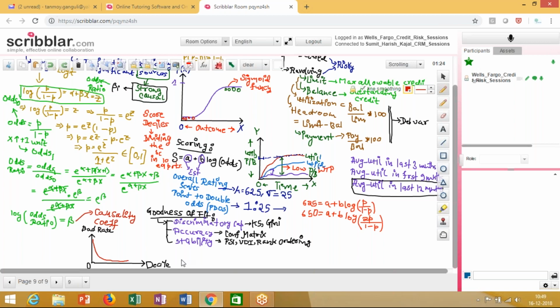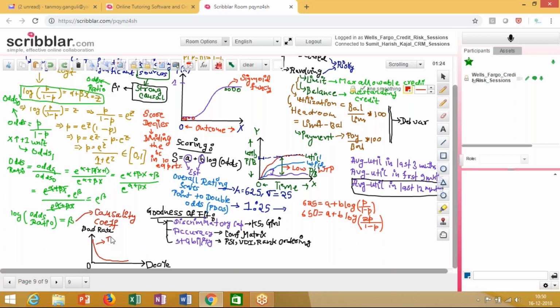So the curve should be a negatively sloping curve. Right, so this is known as the rank ordering test.